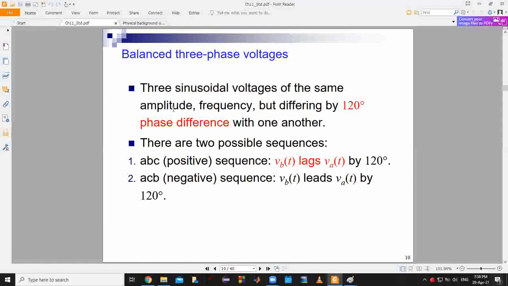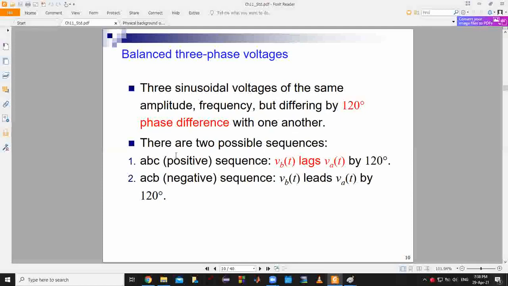What they differ in is the phase. There is a phase difference of 120, as I earlier mentioned, a consecutive difference. That is, from VA, VB, VC, they're all separated by 120 degrees.